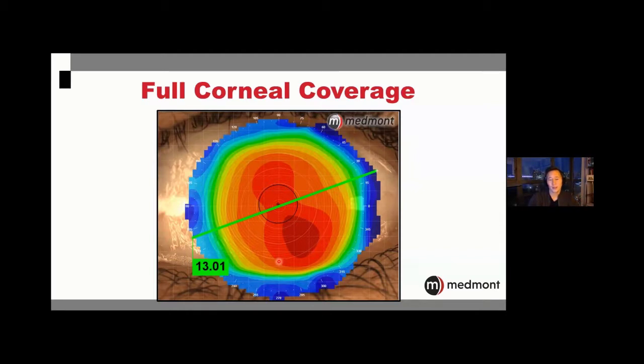I mean, our ortho-K lenses, a small lens is 10.6, and normal diameter maybe 10.8 or 11 millimeters. Our scleral lenses are 16, 17 millimeters. So we want as much corneal data as we can to give us the best possible starting point, especially related to our rigid contact lens fits.